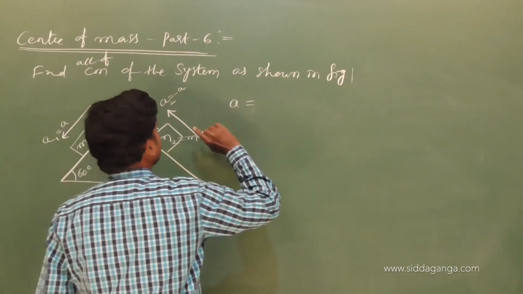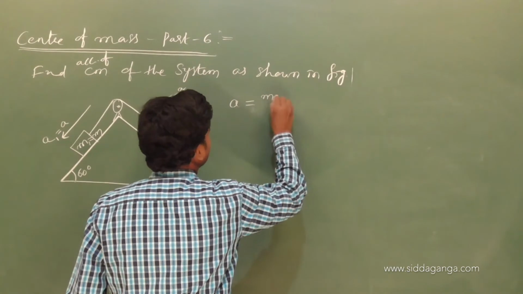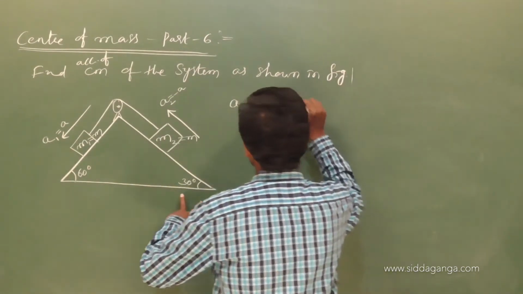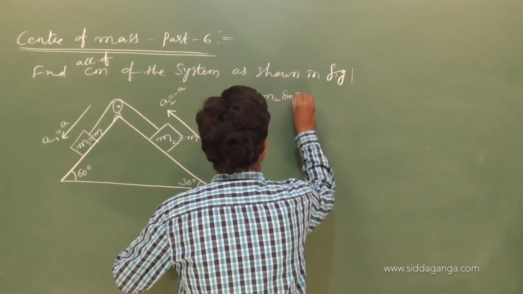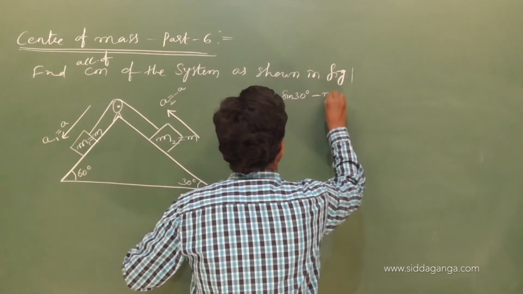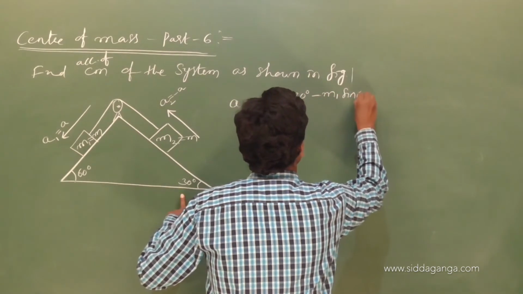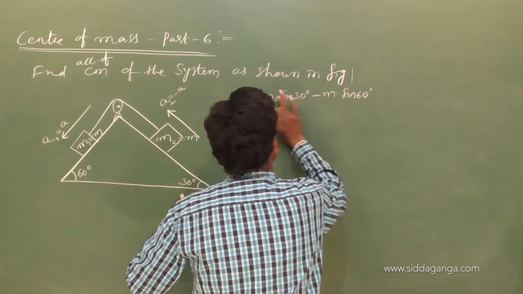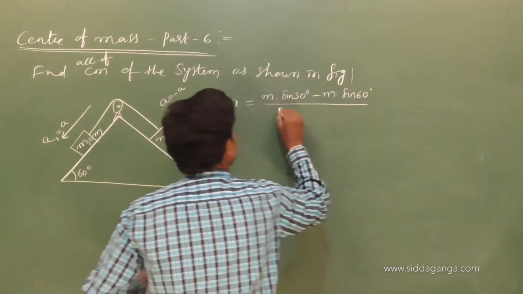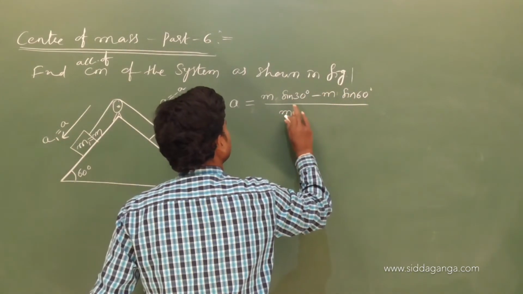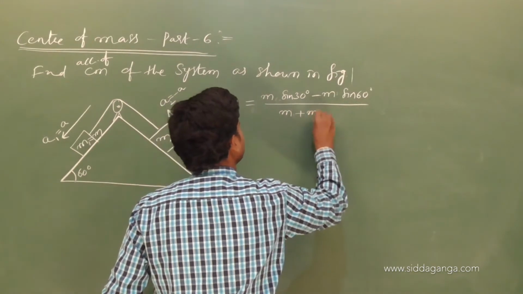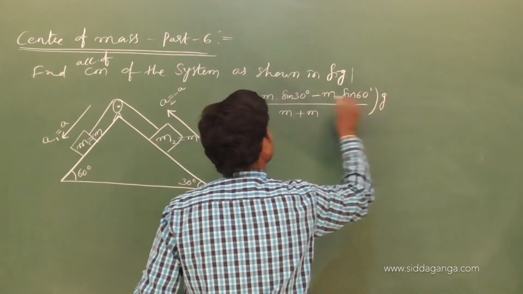Then the acceleration of the system is (m2 minus m1), m2 sin 30 minus m1 sin 60, by m1 plus m2, m plus m, into g.